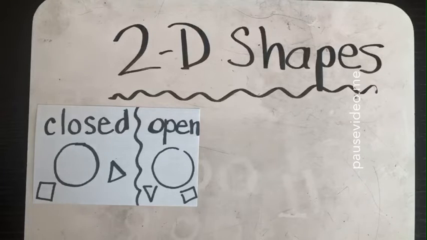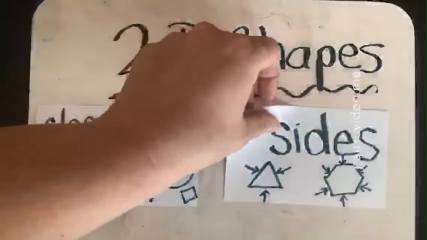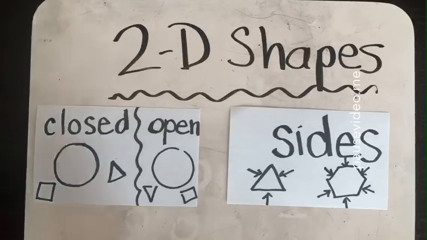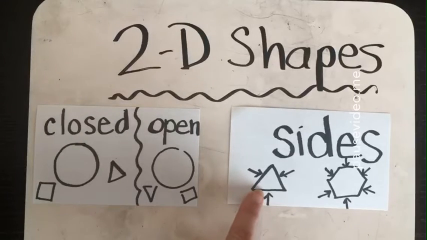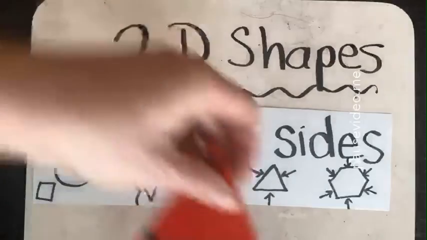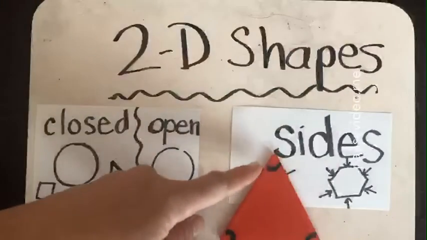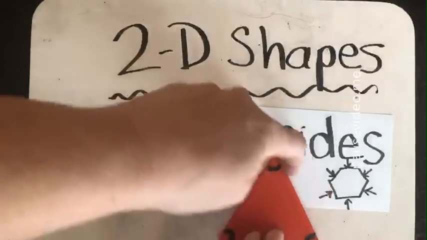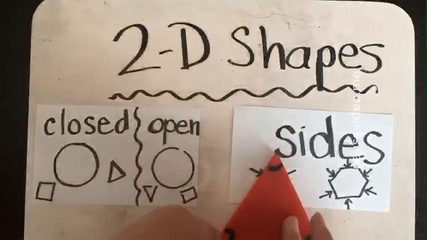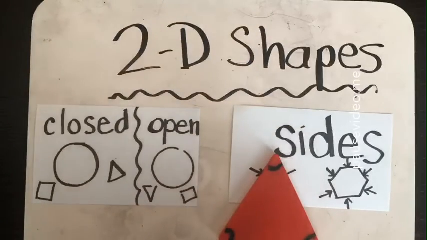The next attribute we talked about were sides. We've been talking about this for a while. Probably you heard about this in kindergarten. This shape, the triangle, has 3 sides. If I put a triangle right here, I can touch the 3 sides. Those are the longer pieces right here. Those are called sides.